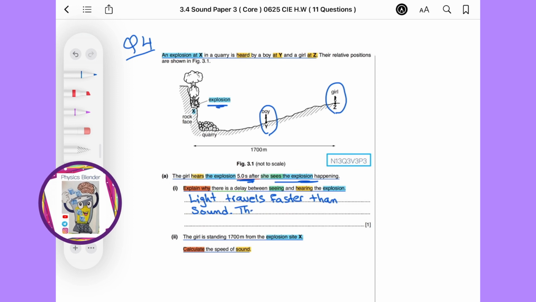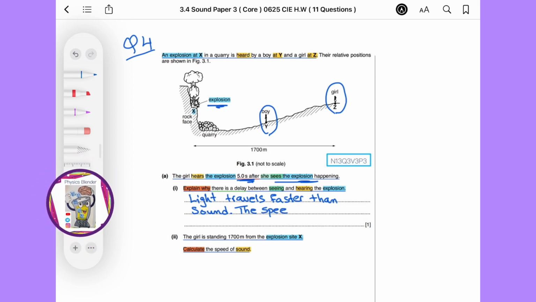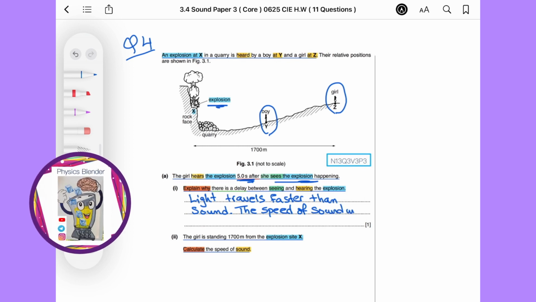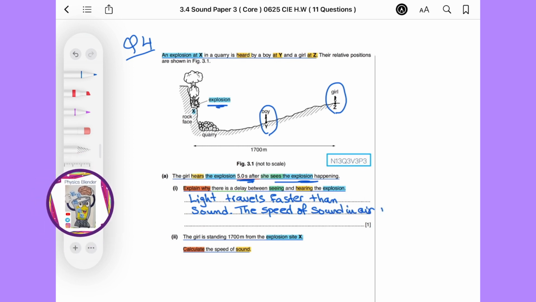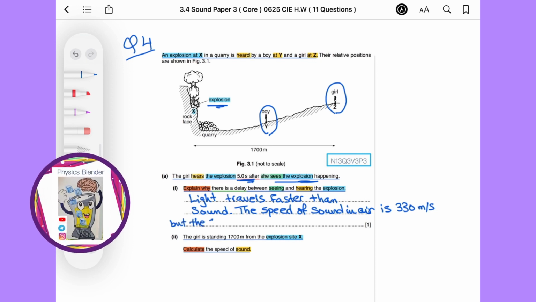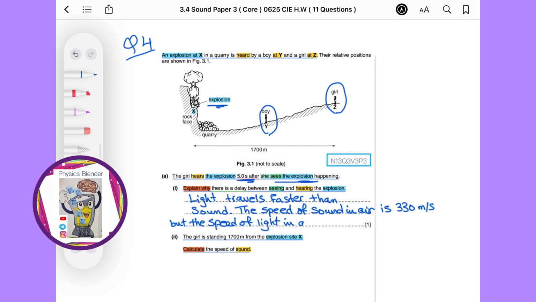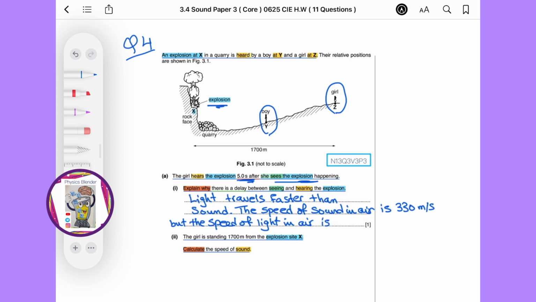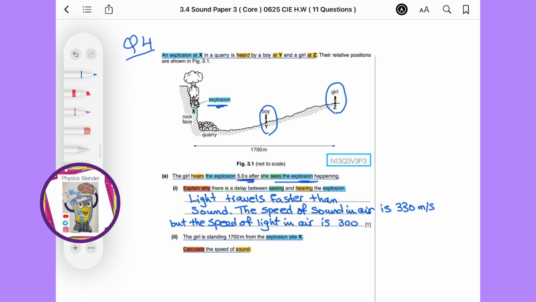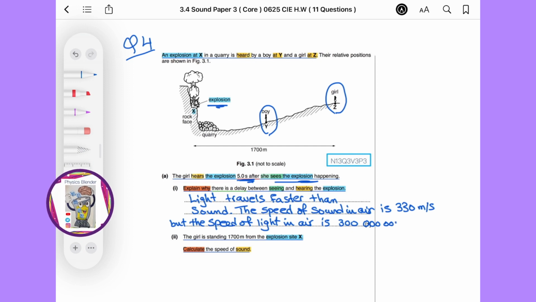The speed of sound in air is approximately 330 meters per second, but the speed of light in air is 300 million meters per second.